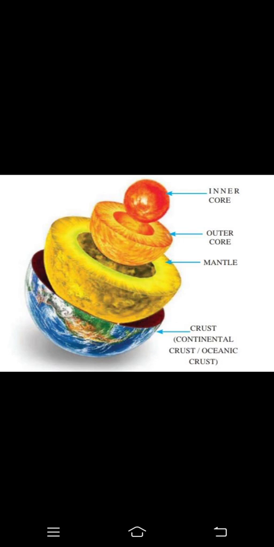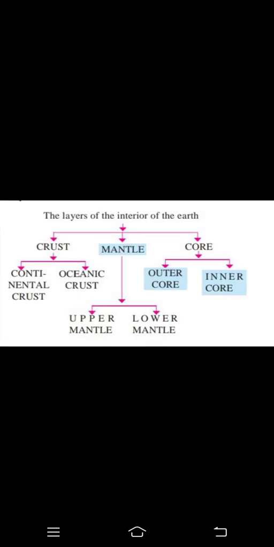So continental crust has silica and aluminium and is also called Sial. Oceanic crust has silica and magnesium, so it is also called SiMa. Now the next thing we are going to study is the mantle.